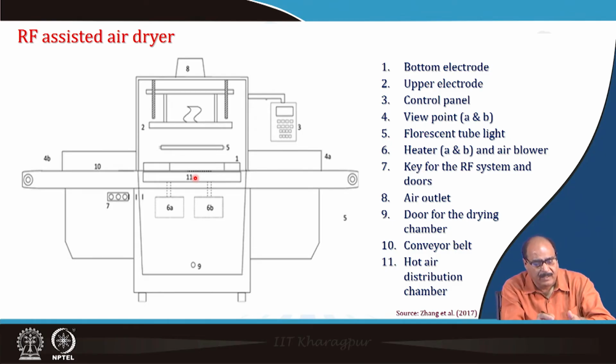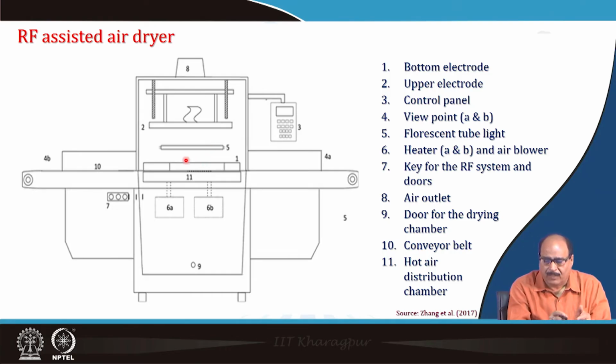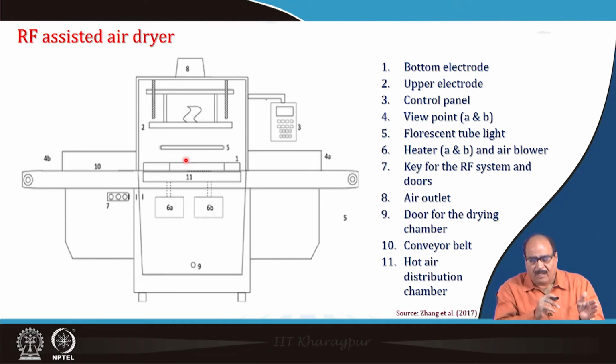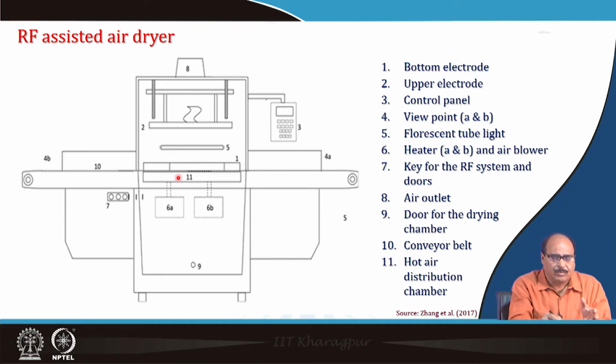There is a provision for the supply of hot air, and at the same time radio frequency waves are provided, and hot air is distributed in the chamber, and this is facilitated by radio frequency drying. So, obviously, the drying rate is enhanced. These are the different components provided in the system.